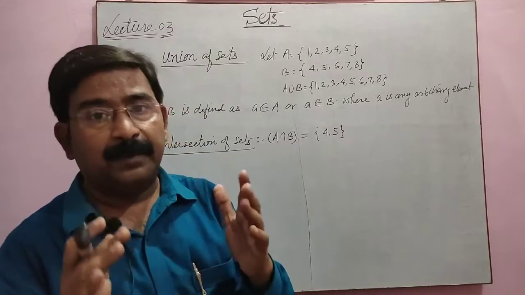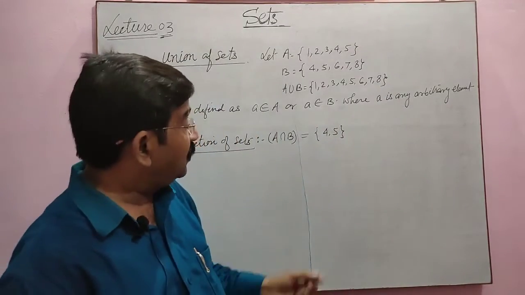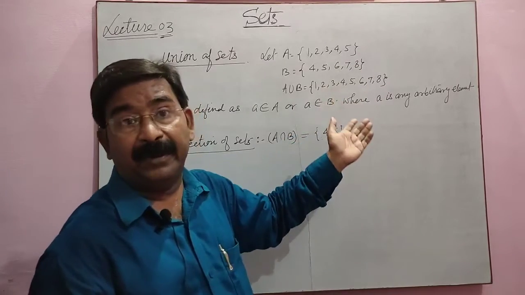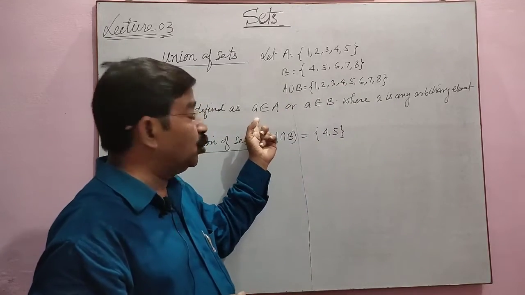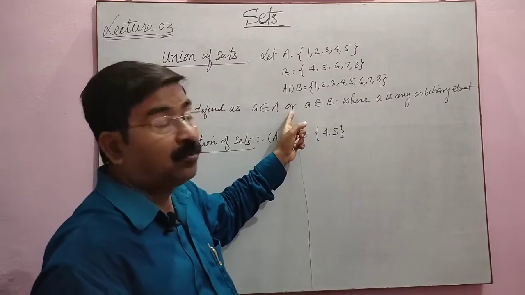This is simple general language. Now what is mathematical language? The elements which are found in both A and B. Try to understand. Here we have used the word OR. For union we use the word OR.